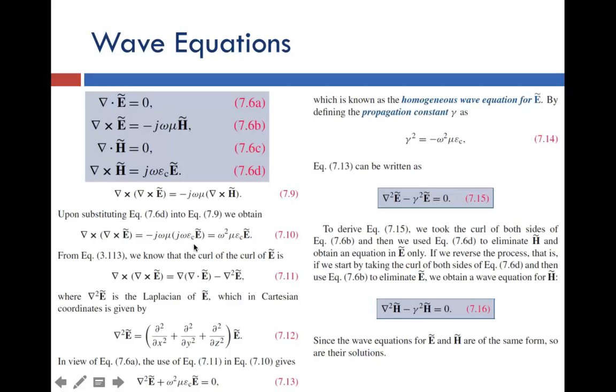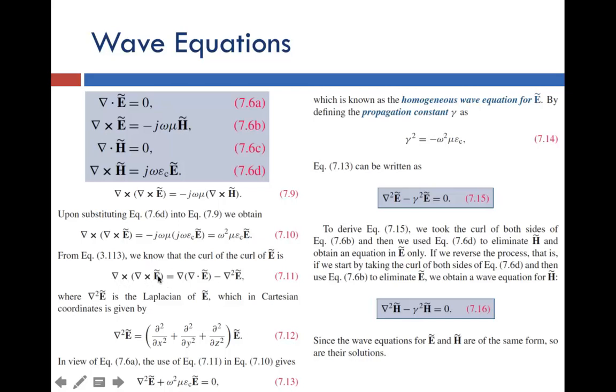And so when we do that, we're going to get a j squared, which will cancel out this negative sign, and then we'll get an omega squared mu epsilon. So the curl of the curl of E is omega squared mu epsilon C E. So there is an expression for the curl of the curl.